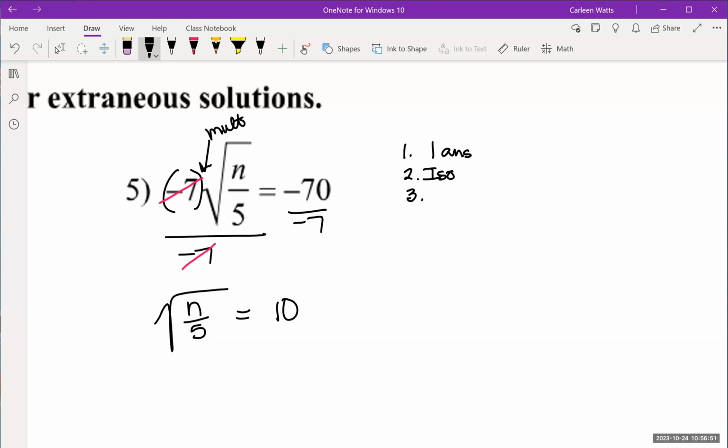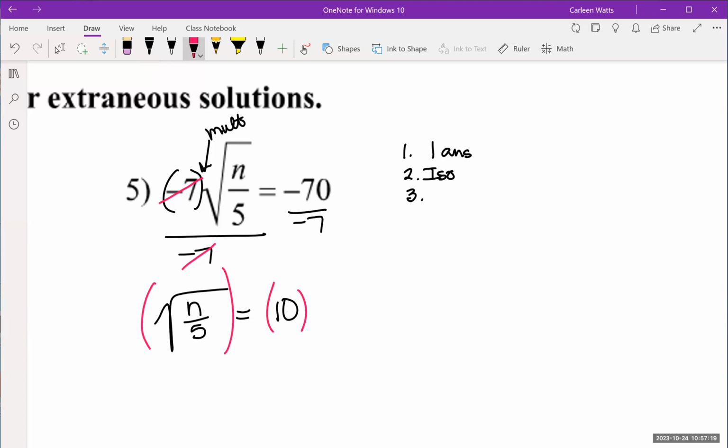In order to get rid of the square root, what do I have to do to both sides? Opposite of square root is, what am I doing to both sides?